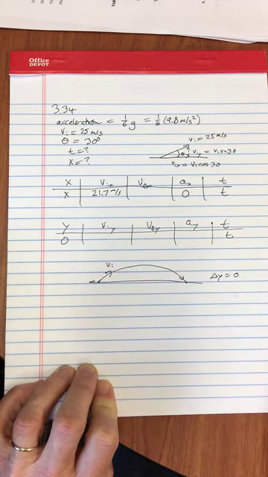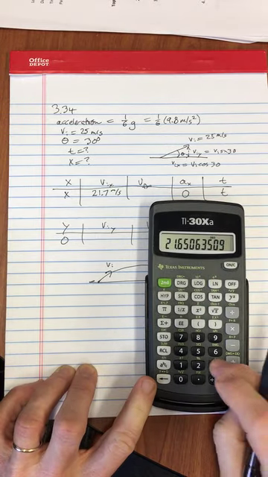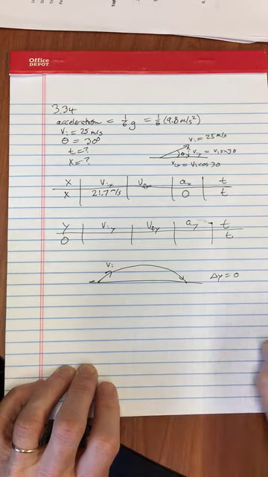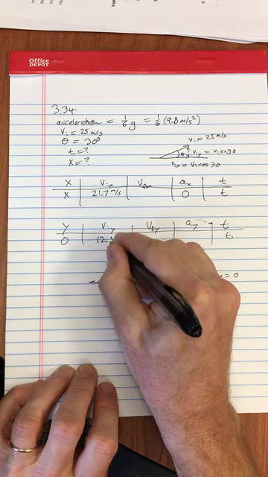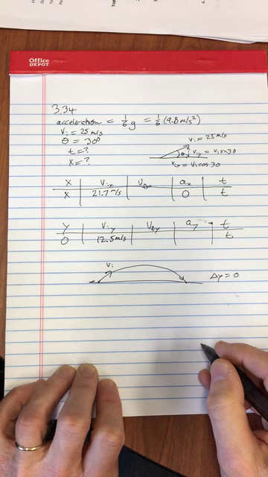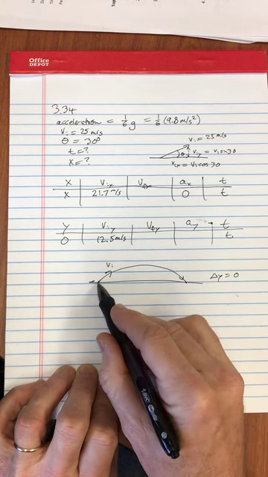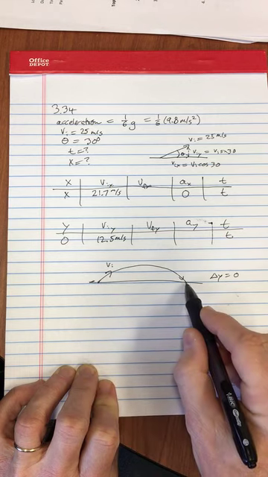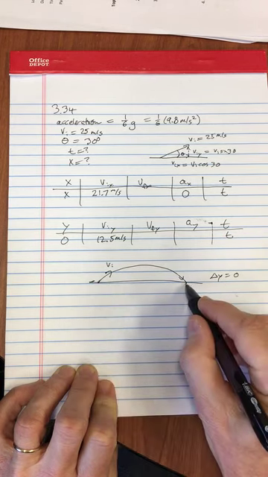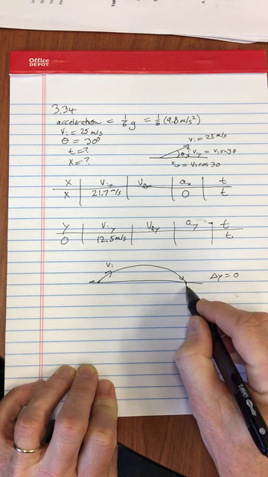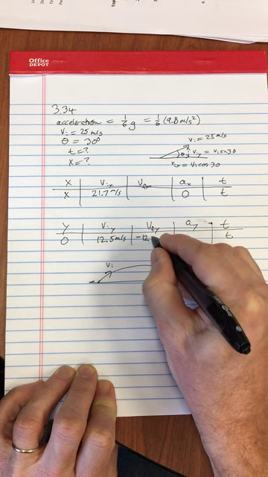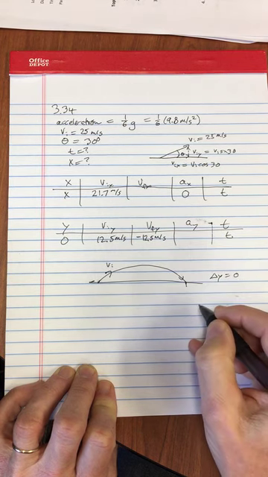The initial y velocity, we already said, is Vi sine 30. Sine of 30 is 0.5 times 25 gives me 12.5 meters per second for the initial vertical component of the velocity. From symmetry, since I end up at the same height, I know that my final vertical velocity down is equal to the initial vertical velocity up, so that's minus 12.5 meters per second.